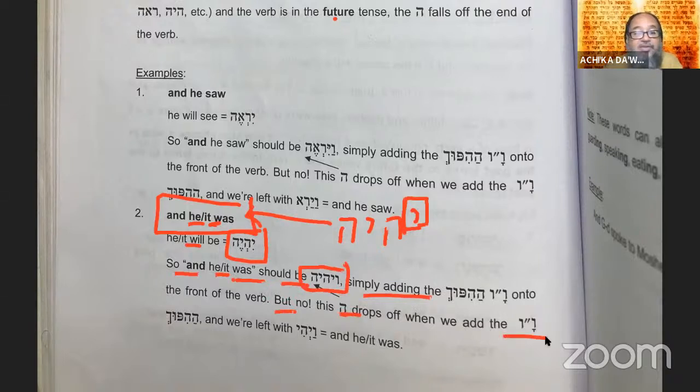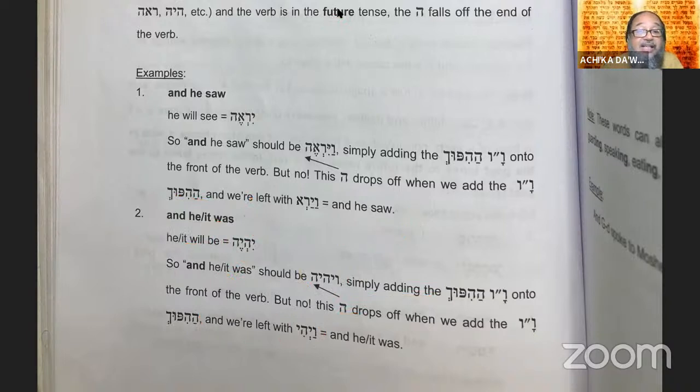They're using the word hipuk, we know what it is, and they're left with wahi. Why? Because when you added the reversing wa, the last letter, which is that hey, drops off. And that's just the rule. I don't know why this rule is there. I tried to find out, and it's just really deep.